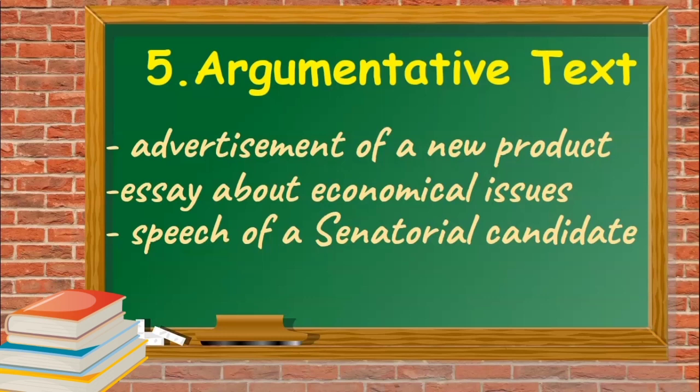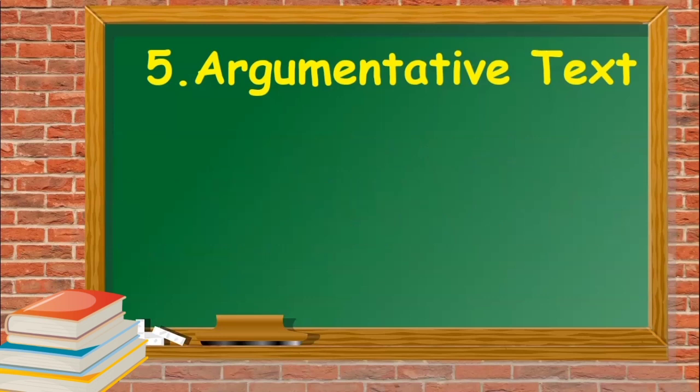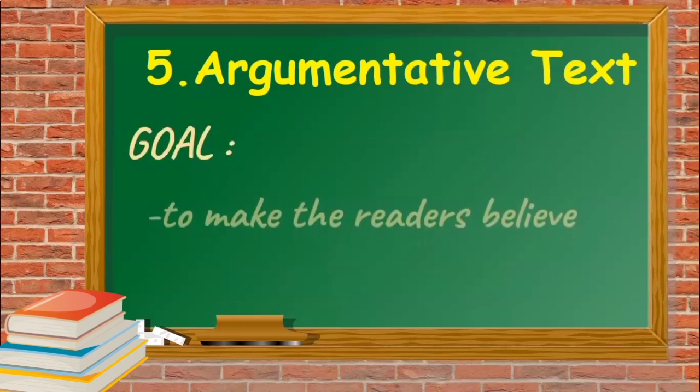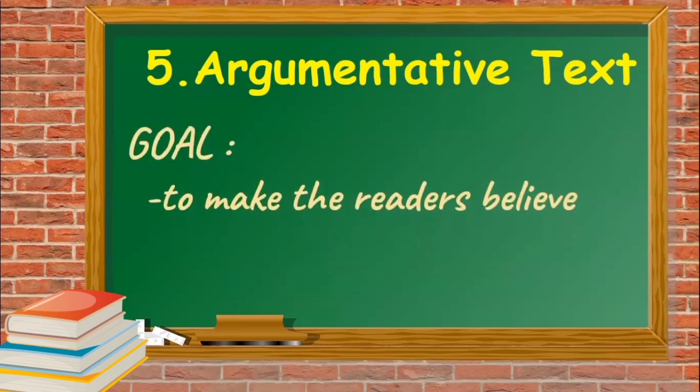But then, if you try rereading, you will see that they only have one goal, and that is to make their readers believe that the product, or the argument, or they themselves as a candidate is by far the best choice.